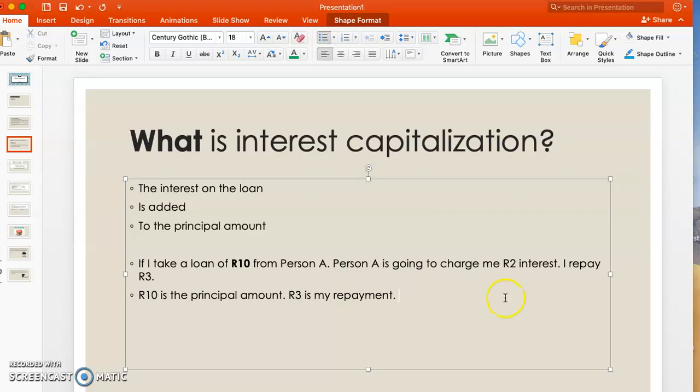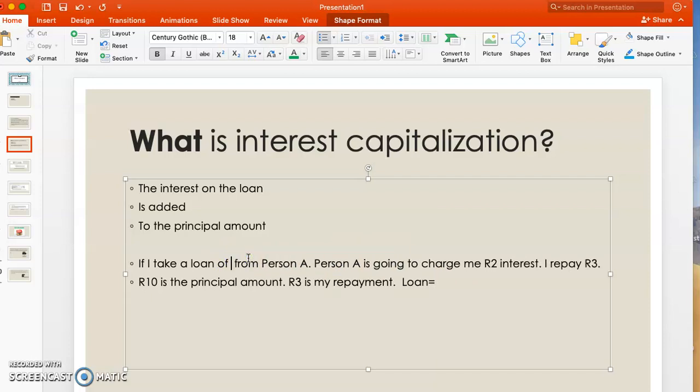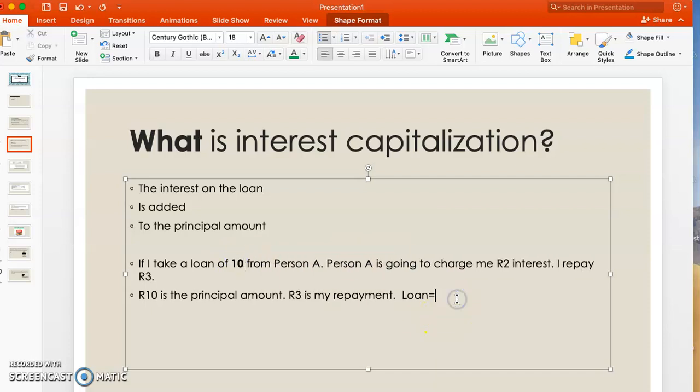If I say the interest is capitalized, it means that my loan is equal to the principal amount plus the interest. Because remember, if interest is capitalized, it means it's added.